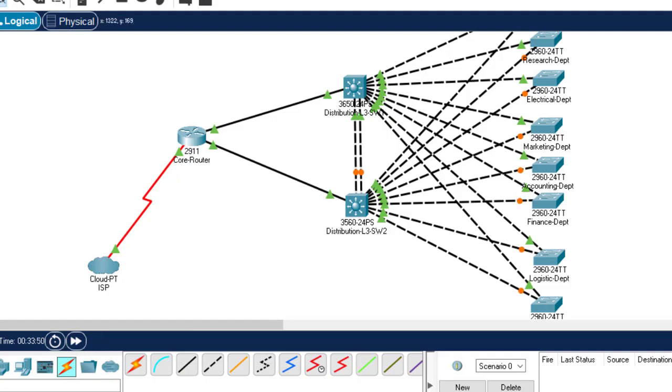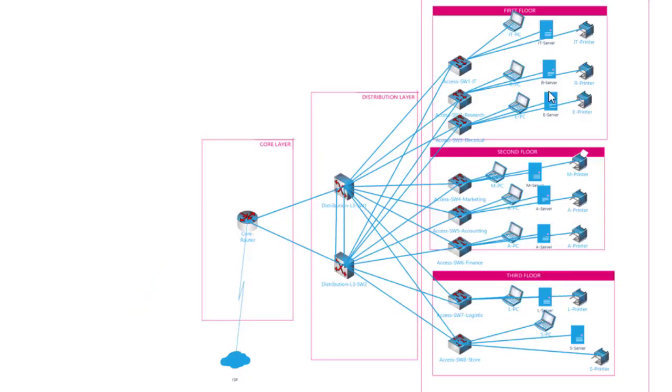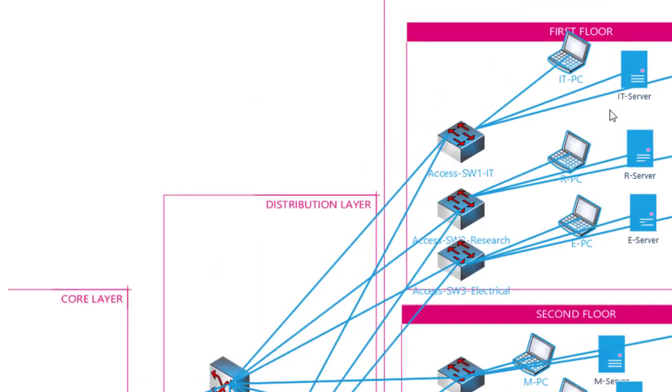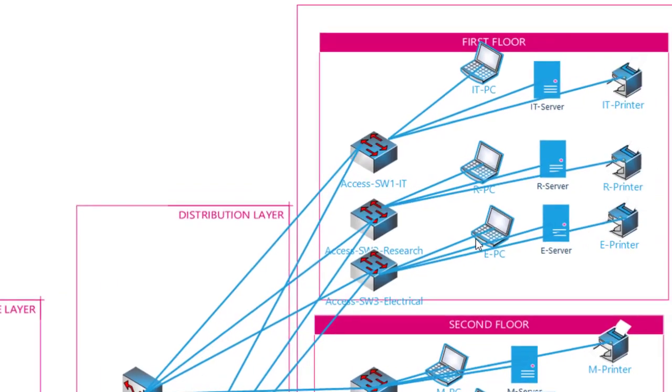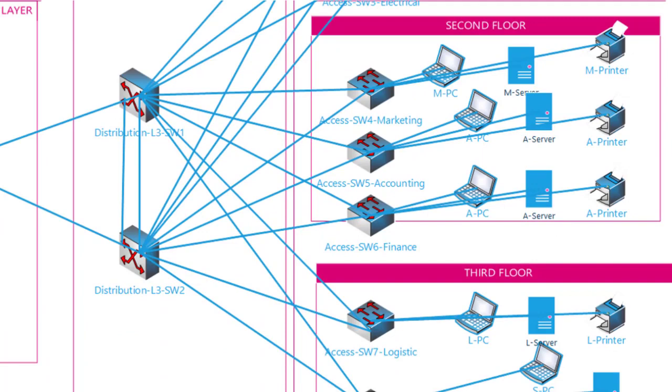Alright guys, so what's remaining is to connect the end devices. This one I will do very fast to save time, just like in the diagram. This is something that everyone can do. I will do the first case so that everybody can understand, and in the second and third cases I will do it very fast, because I hope in the first case you have mastered how to do it.